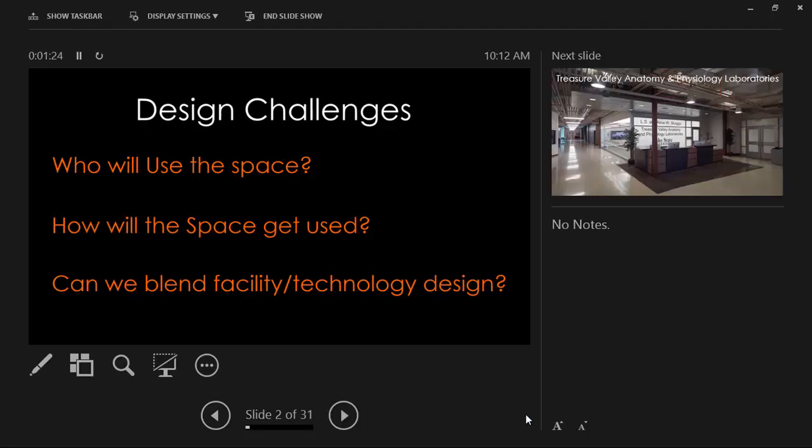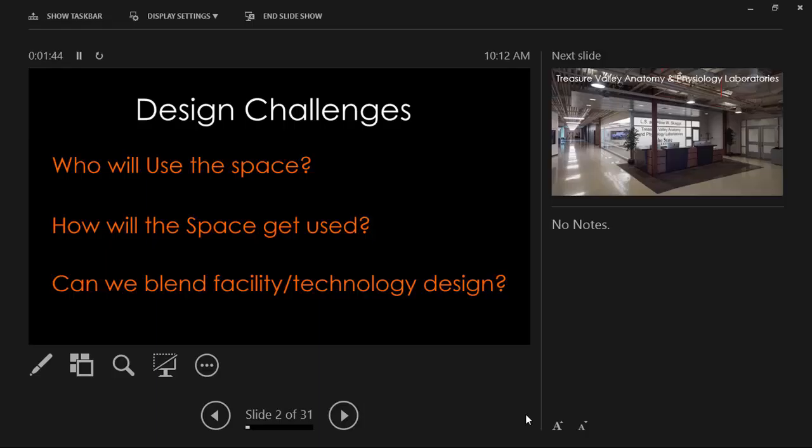So what I want to start with, as we talk about the design process of the labs, I just wanted to throw this up there. These are probably some pretty broad design challenges that you would have for any room, whether it's traditional or non-traditional, any kind of learning space.